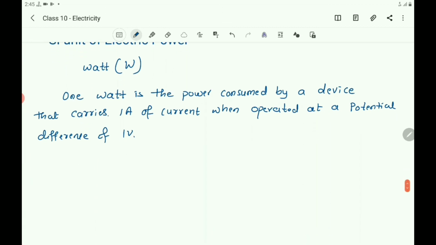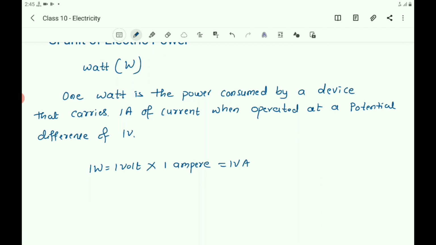Therefore, you can write 1 watt equals 1 volt into 1 ampere. That is 1 VA. 1 W equals 1 VA. The unit watt is very small.